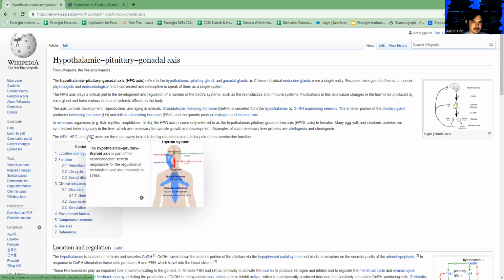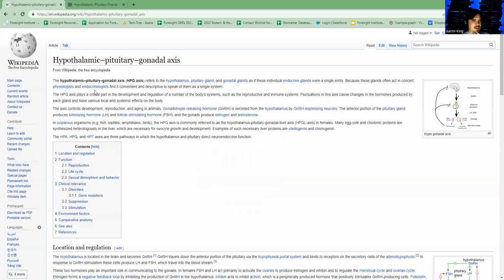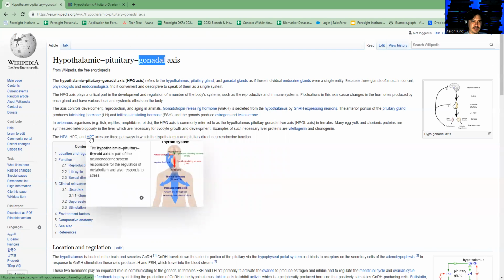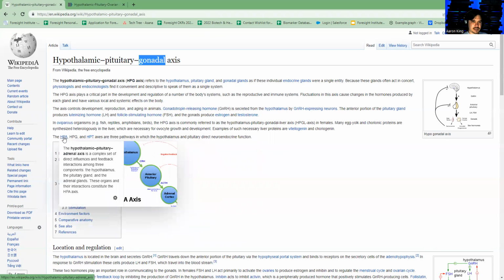Thyroid. So that means that the gonadal portion is going to be tied into the thyroid and to the adrenal cortex.